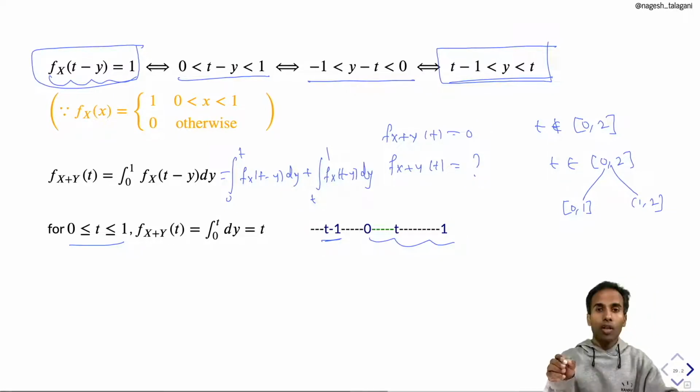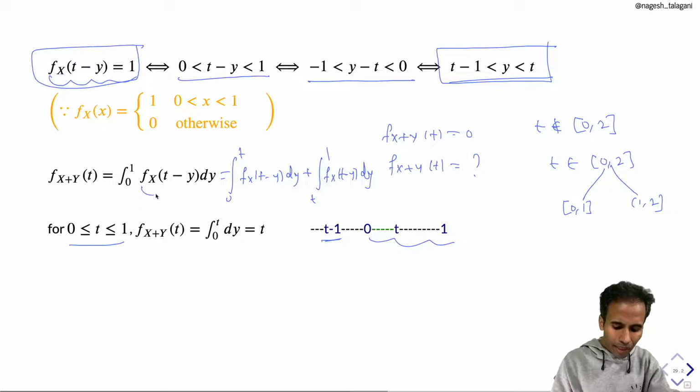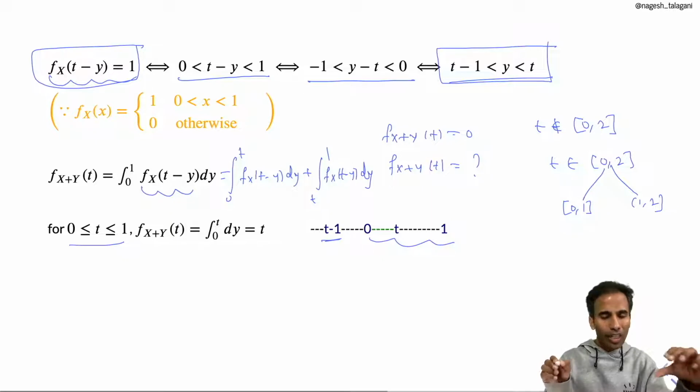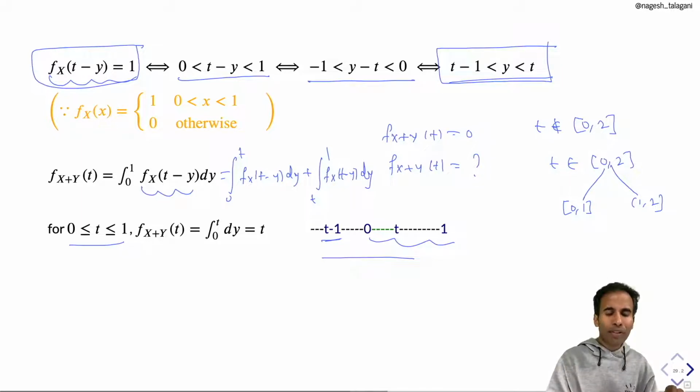We know that this integrand fX(t − y) = 1 if and only if y is between t − 1 and t, otherwise it is 0. That means when y is from t − 1 to t, this fX(t − y) has value 1, otherwise it is 0. But our interval of integration is 0 to 1.